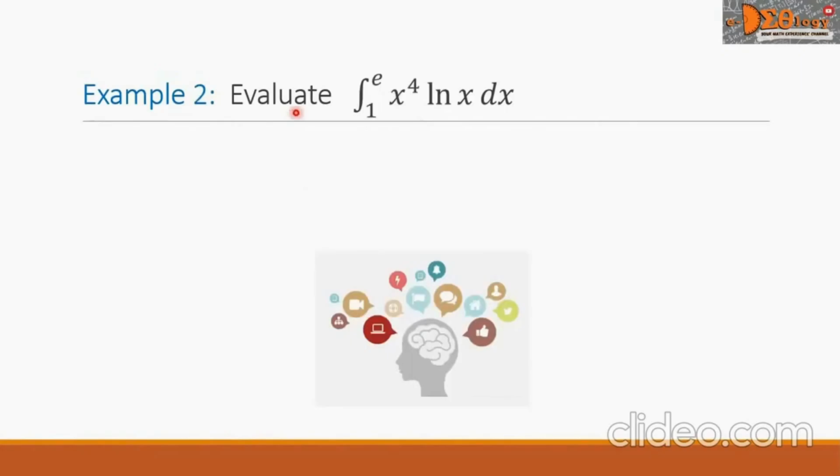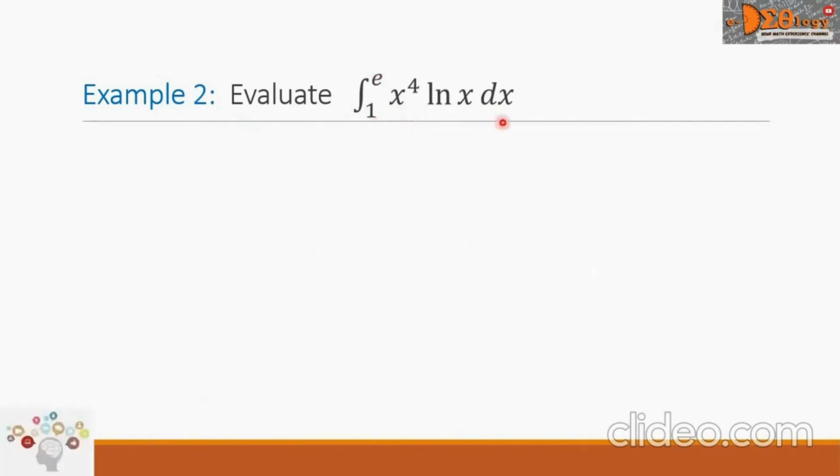Example 2. Evaluate the integral from 1 to e of x raised to 4 ln x dx. For our solution, let us analyze the category of each of the functions. The x raised to 4 is algebraic, while the ln x is logarithmic. With respect to our order of priority, ILATE, the letter L comes first than A of algebraic.